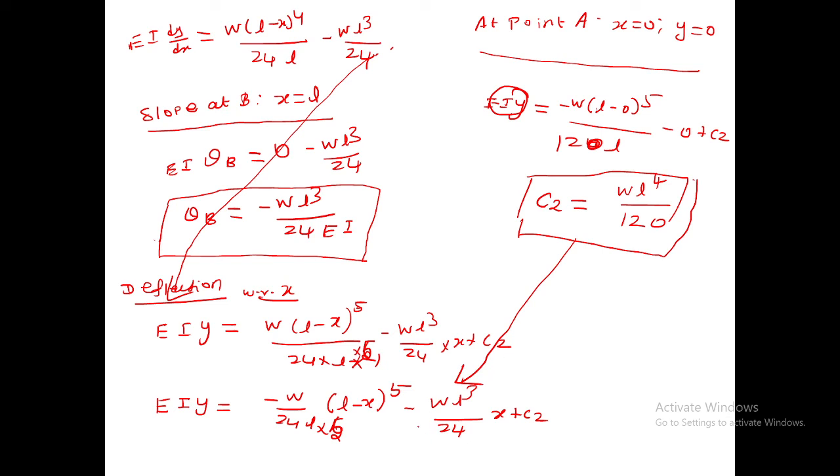EI y equals minus W into L minus x power 5 divided by 120L, minus W L cube x divided by 24, plus WL power 4 divided by 120.